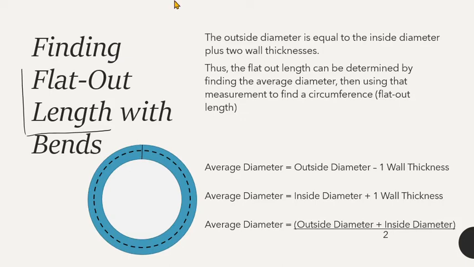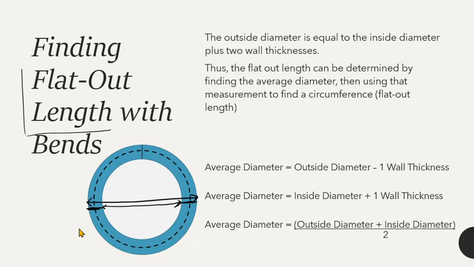Come with me. If I wanted to make the outside diameter, from here to here in this circle, I would have to take the inside diameter, here to here, and add one wall thickness, two wall thicknesses. So if I have to do that to get from inside to outside diameter, it works out that if I want to find the average diameter, the dotted line in between the inside and outside, I'm just going to do this correction.